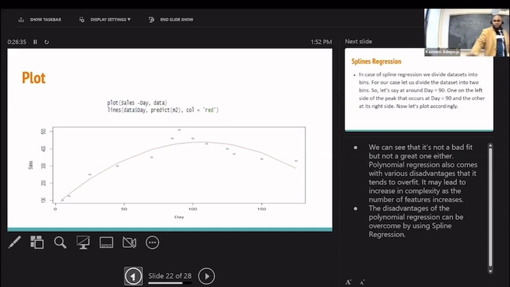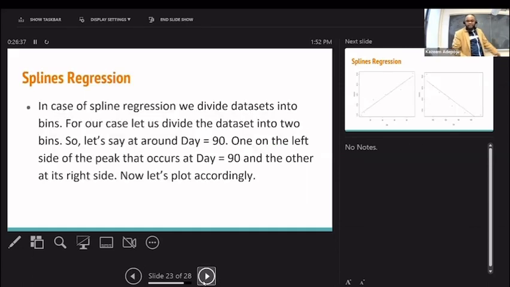So, in the case of a spline regression, we divide the set into two bins. Let's say around day 90, using the peak, the left side of the peak is going to be less than or equal to 90.